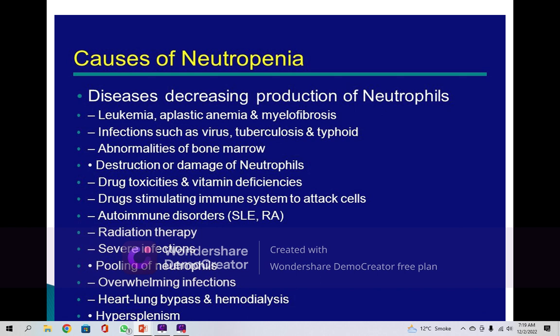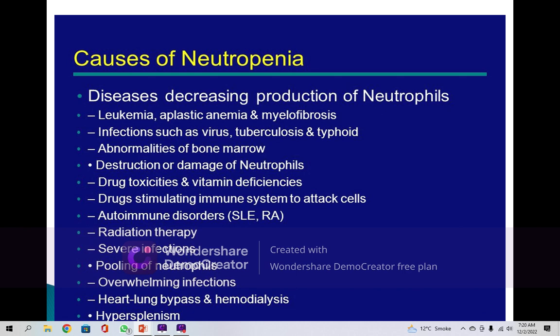Why does neutropenia occur? This is the concept: because they are attacking and aggregating at those places. That is called pooling of the neutrophils on one side. Overwhelming infections occur if there is neutropenia. The problem is this overwhelming infection, HIV for example, and other opportunistic infections, which are very large in number.